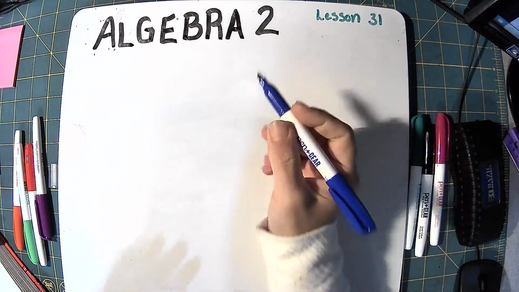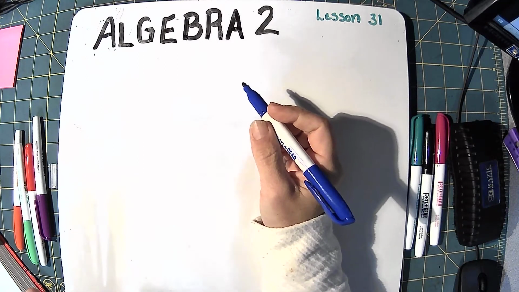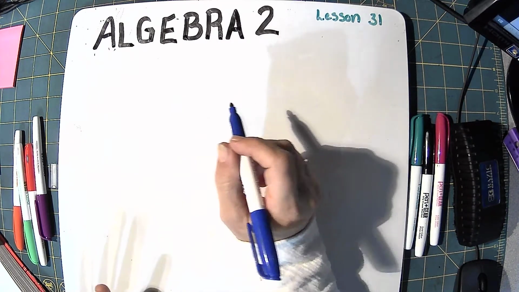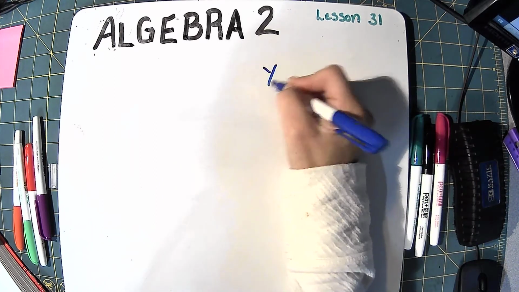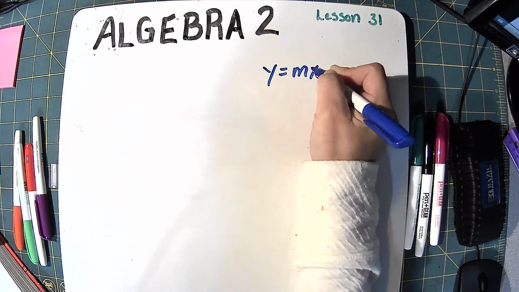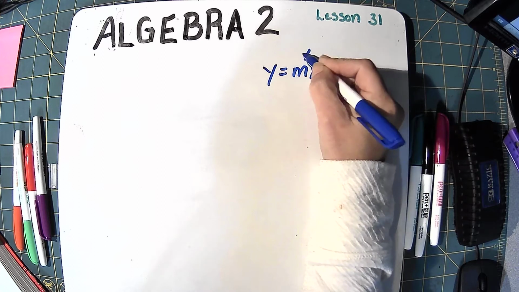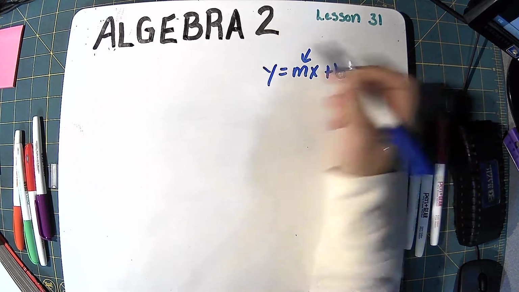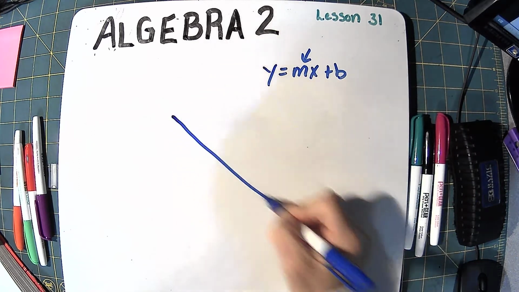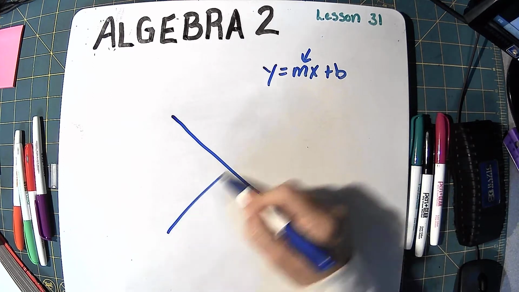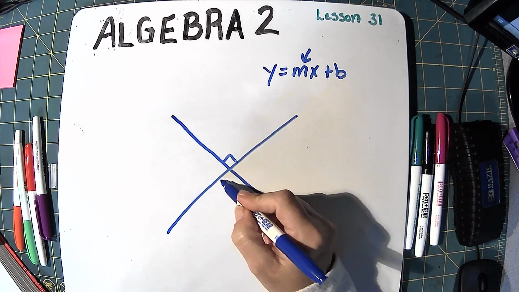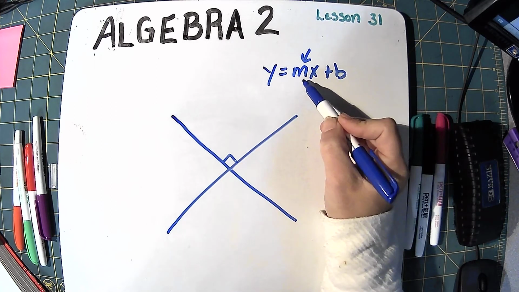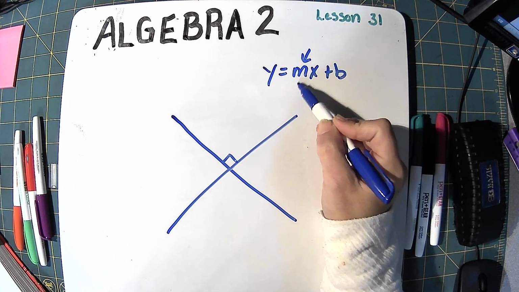So to get the equation for a line that is perpendicular to another line, you use a negative reciprocal of that line's slope. In the formula y equals mx plus b, our slope is m. If we want a line that's perpendicular, that means it crosses with a right corner, a 90-degree angle, then we're going to flip that m value.